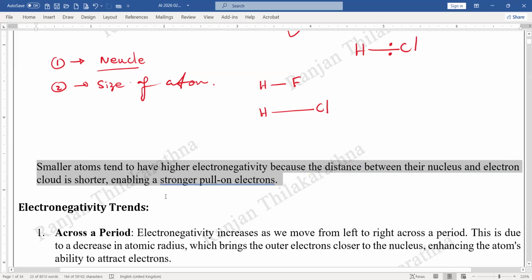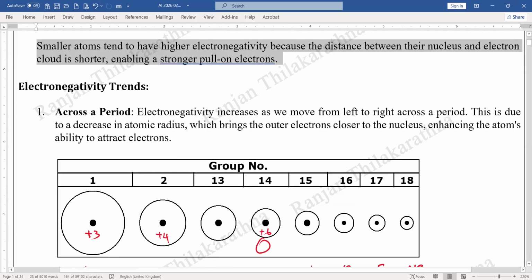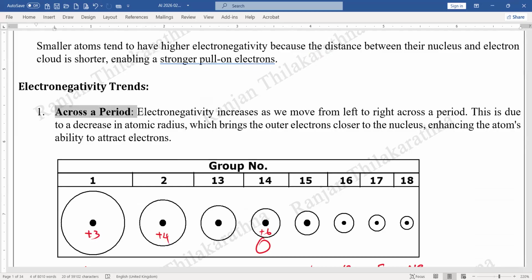Then trends of this electronegativity across a period. Period means we have our periodic table. These are called the periods. If I just get the 20 elements periodic table, you have already studied under your O level.